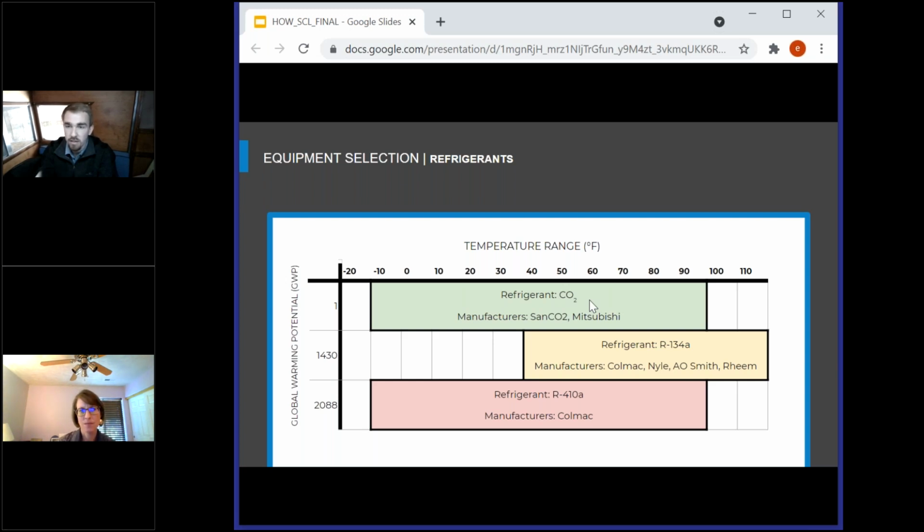They do deal with really crazy high pressures, so you have higher needs for quality control and manufacturing processes that might drive up the price of these systems. So that's something to keep in the back of your head as you're selecting these different systems: how much more is the CO2 going to cost? There's incentives in Seattle right now that offer more money for CO2 systems because of what you just stated.